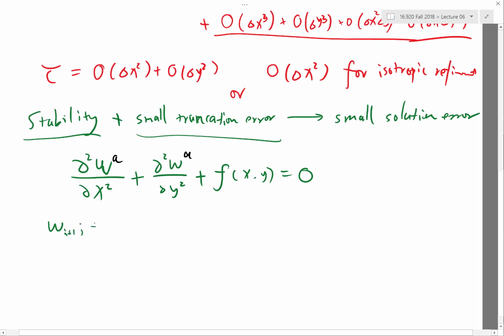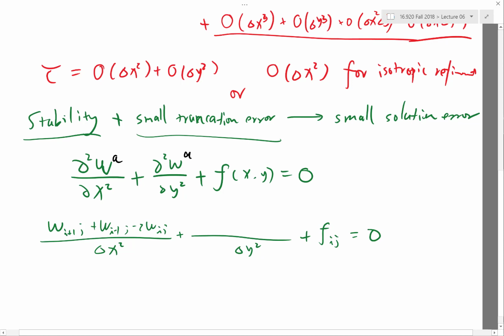So w_{i+1,j} plus w_{i-1,j} minus 2w_{i,j}, right? So this is again our finite difference formula. So my numerical solution satisfies this. If I directly subtract these two equations, I would have a difference between an analytical second order derivative and a numerical second order derivative.